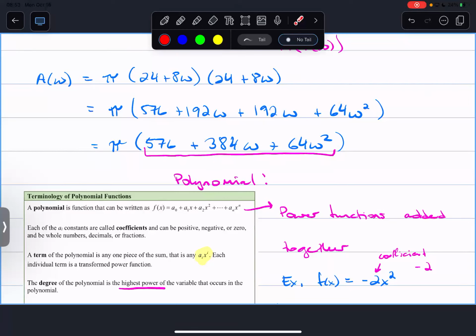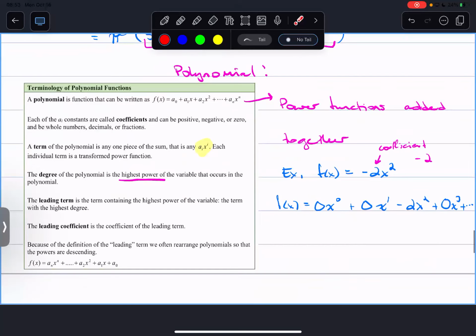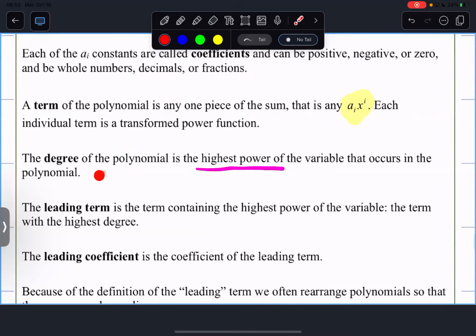So when we add in more terms, things happen in the middle, but overall, the behavior is going to be the same as the highest degree or the highest power, which is why we talk about the degree of the polynomial.